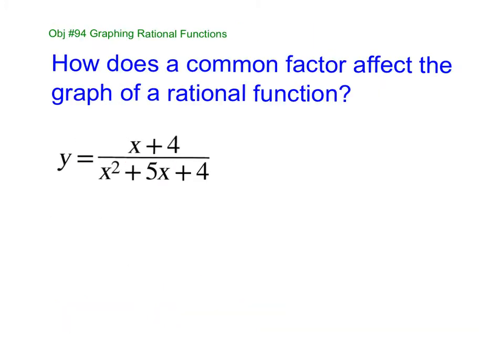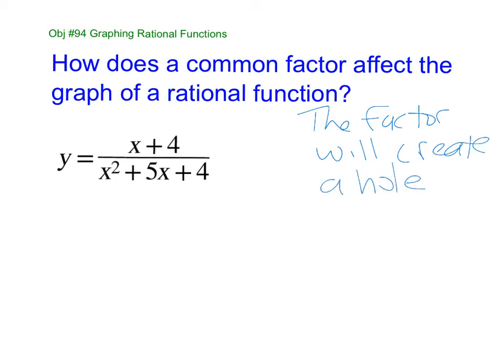So how does a common factor affect the graph of a rational function? The factor will create a hole instead of an asymptote.